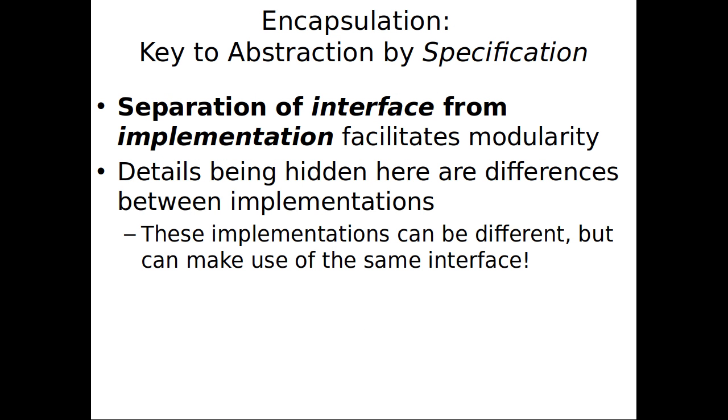So basically the key to abstraction by specification is we separate the interface of a method from the implementation of that method. When I say separate, what I mean is we specify them in different places and give out information about them with different levels of readiness. The idea is that other people besides the developer of this particular code should be operating just off the interface, this contract, what this code promises to do.